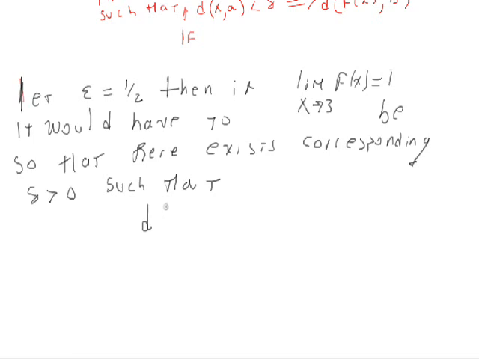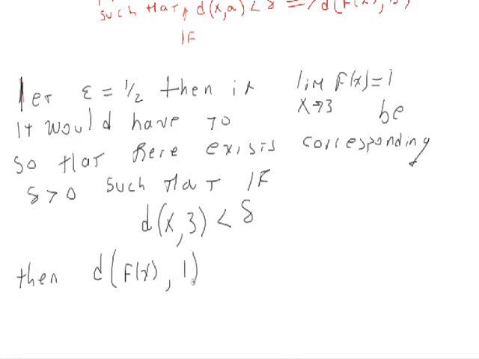if the distance between x and 3 is smaller than delta, then the distance between f of x and the number 1 must be smaller than epsilon.